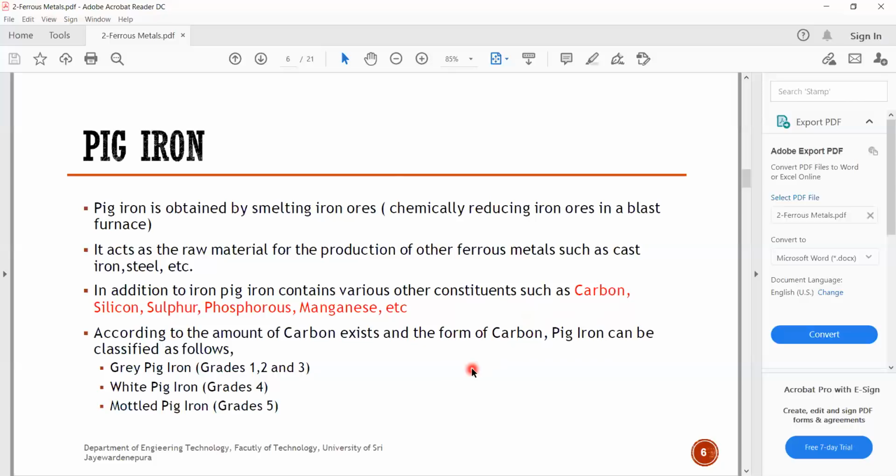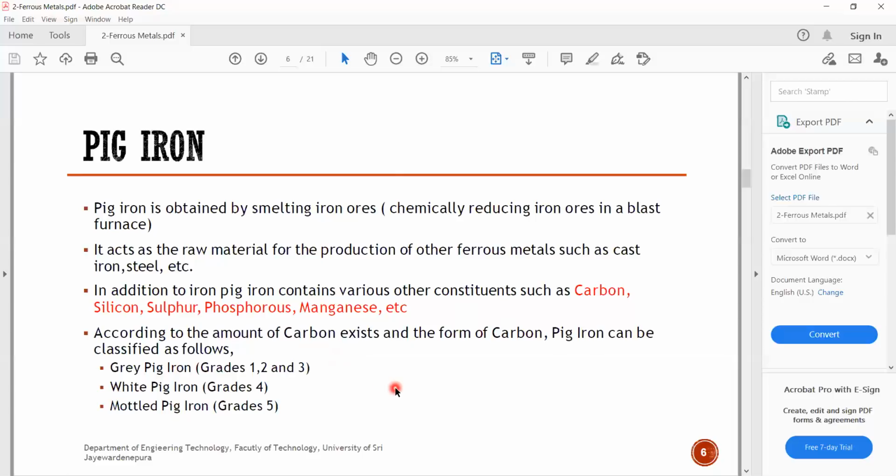Using the percentage amount of carbon, you can classify this pig iron into grey pig iron, white pig iron, and mottled pig iron, right? These three pig irons have different carbon percentages. According to the amount of carbon available in the pig iron, you can classify it into grey pig iron, white pig iron, mottled pig iron.